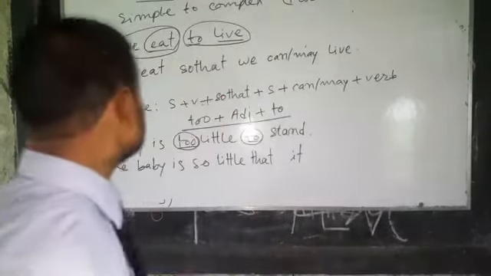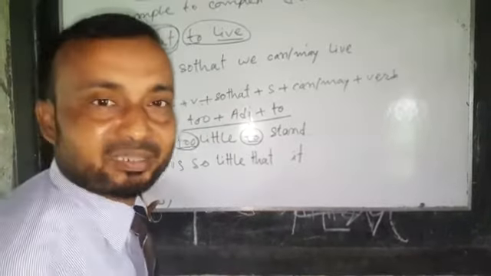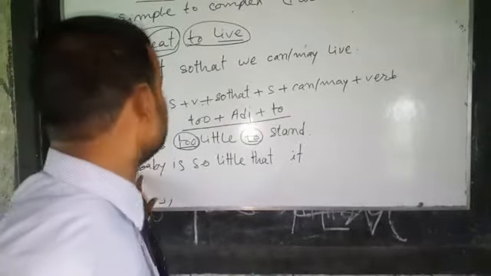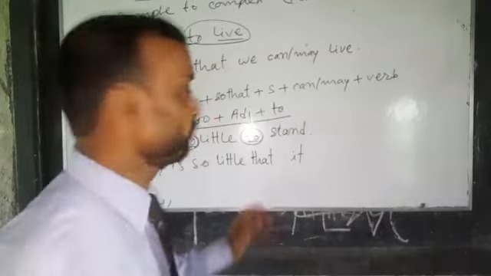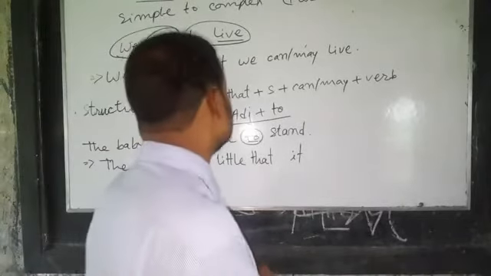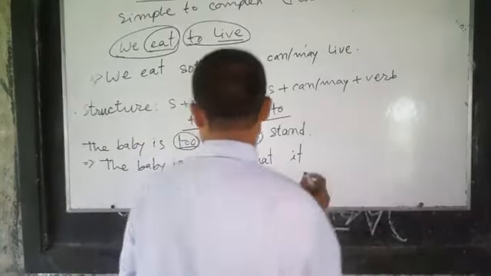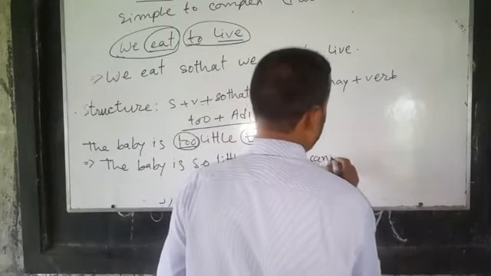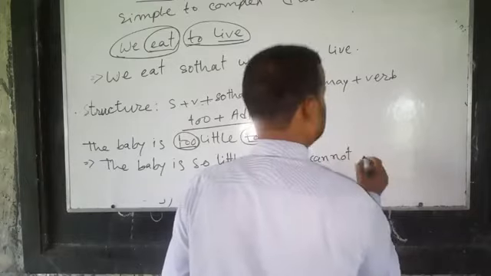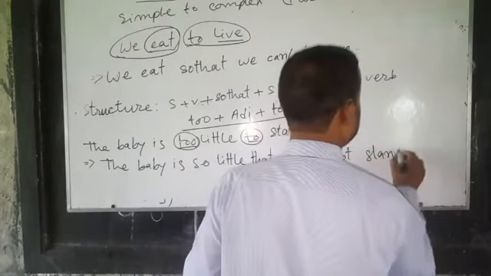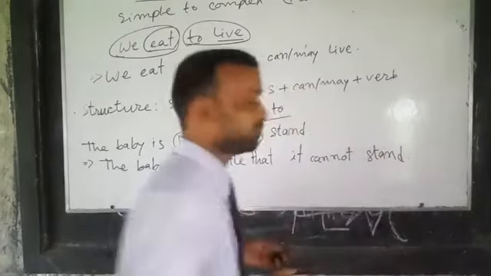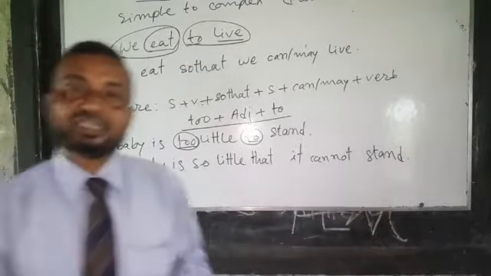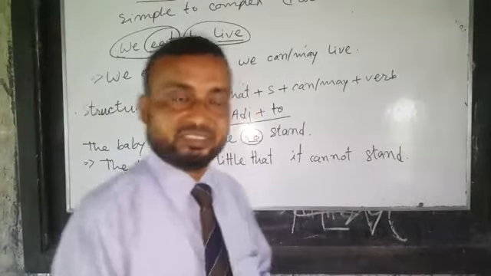My dear students, the baby is a little animal, so we have to use here "it" as a pronoun, and then we have to use "cannot" stand. Can I make you understand, my dear students?